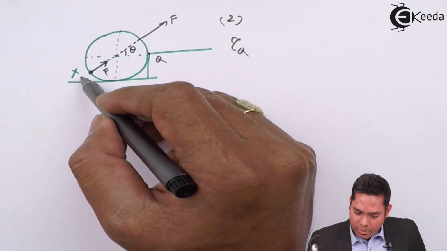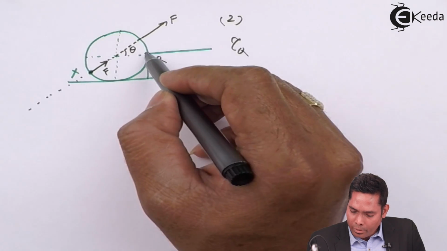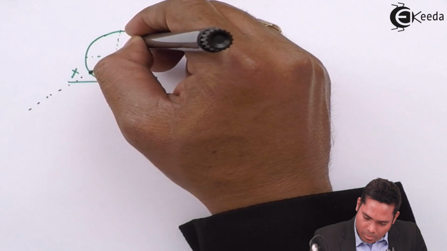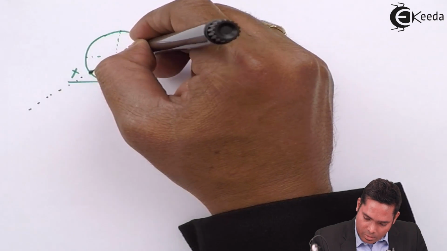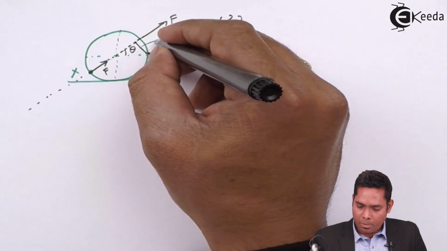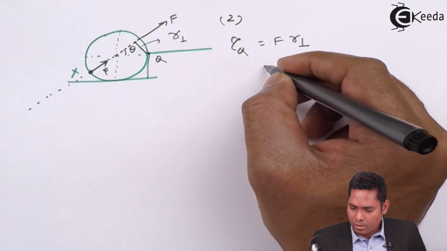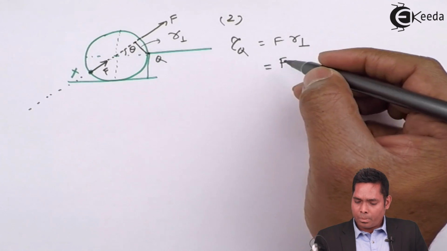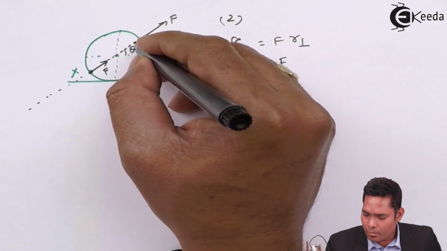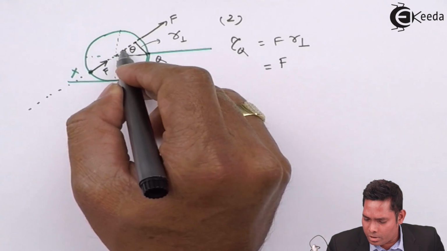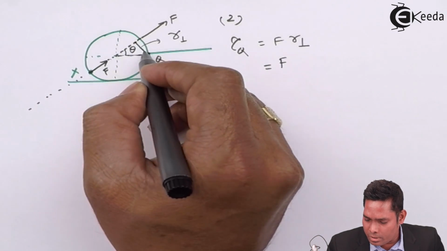This is the line of action of the force, and this is the perpendicular distance, r perpendicular. So the torque is the force times r perpendicular. The force is F, and r perpendicular is this distance. This is our R, this is theta, so this is R cos theta and this is R sin theta.